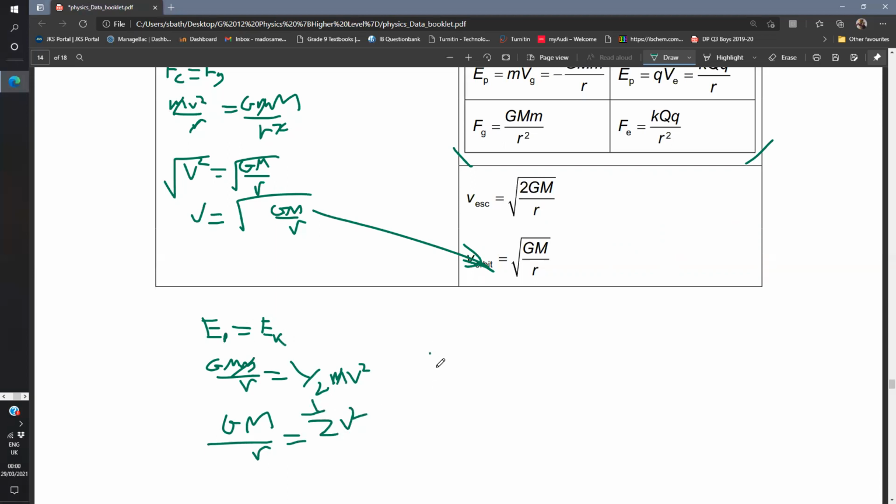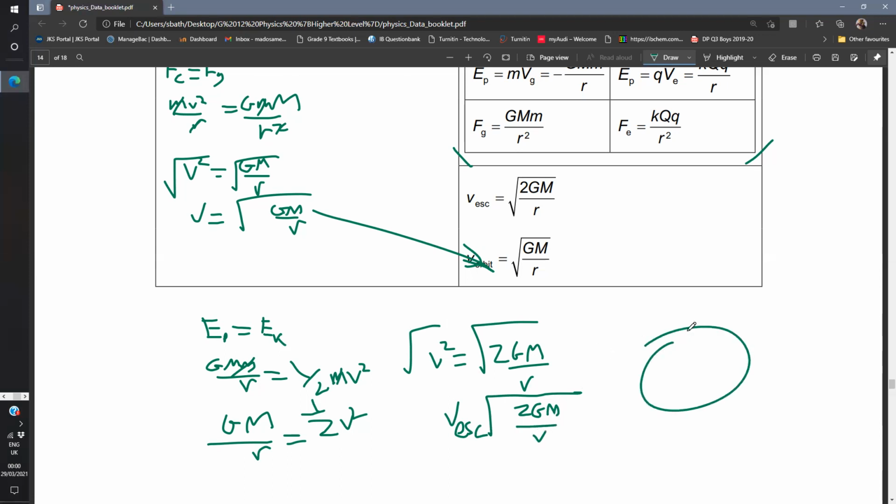V squared, v squared. v is the square root of 2GM over r, and that's basically the escape velocity. Now, the reason why we took the potential energy and the kinetic energy formulas into consideration is because we're dealing with gravity and potential energy at the same time. And there we have it.